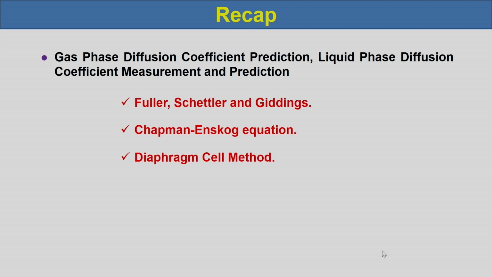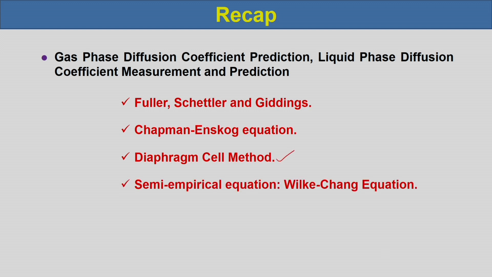One is the diaphragm cell method, and the second is the semi-empirical Wilke-Chang equation. Then we finally used the Stokes-Einstein equation for the determination of the diffusion coefficient in the liquid phase.